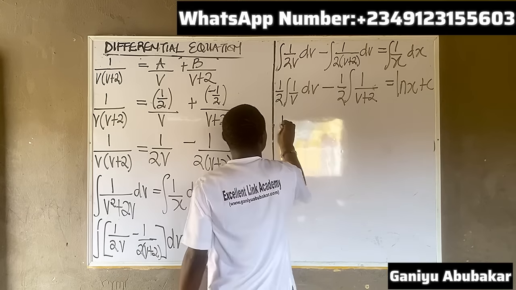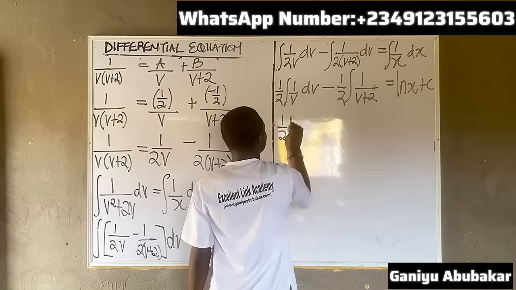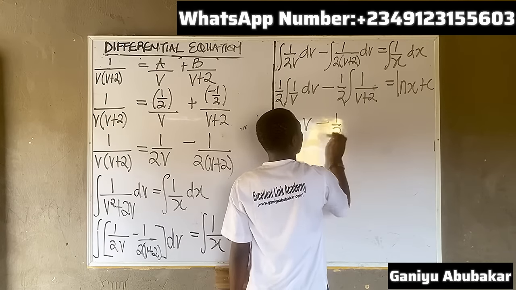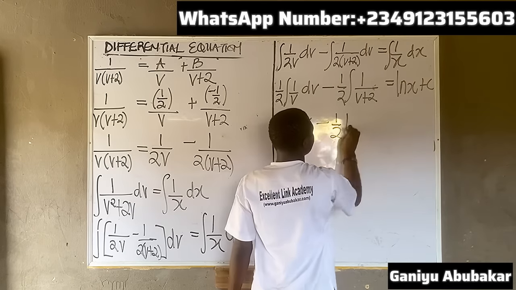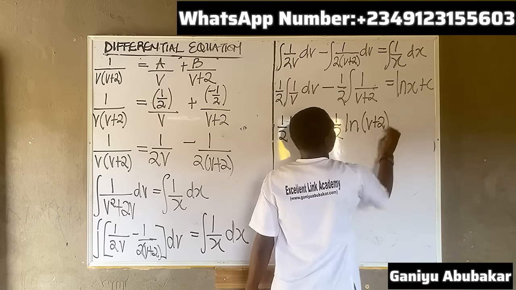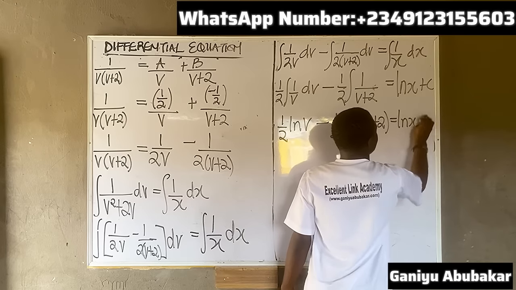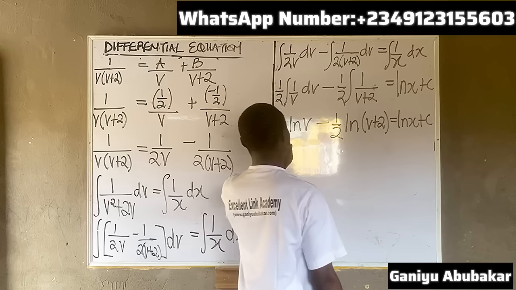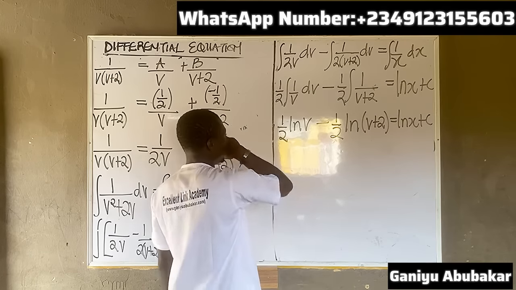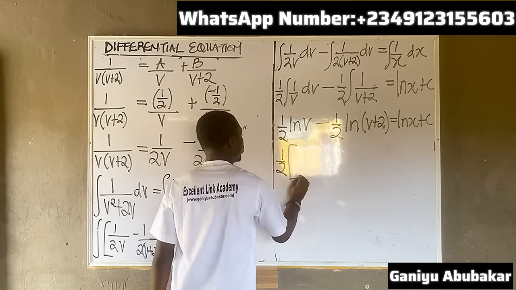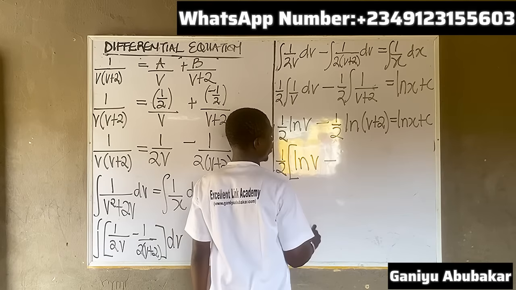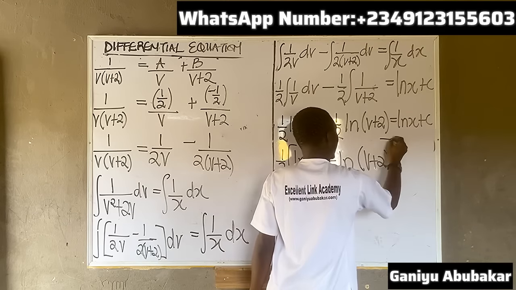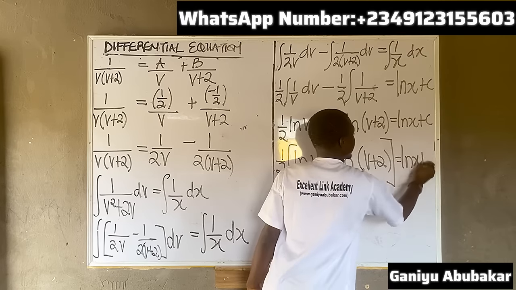Now that gives you 1 over 2. Integrate 1 over v, that gives you ln v, minus 1 over 2, in this one I have ln of v plus 2, equals ln x plus c. Next, I can see half outside. That should give you 1 over 2 into ln v minus ln of v plus 2, equals ln x plus c.